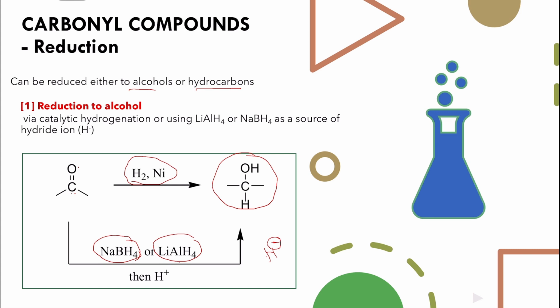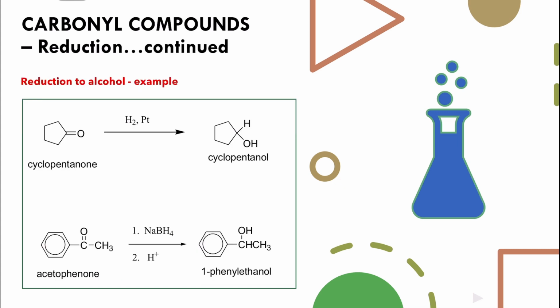The hydride ion will act as a nucleophile, and it's going to be a nucleophilic addition to the double bond. So the hydride will add to the carbon first, and then we need to acidify the reaction mixture. When we use an acid, the hydrogen with the positive charge will then add to the oxygen. So you will end up with an alcohol.